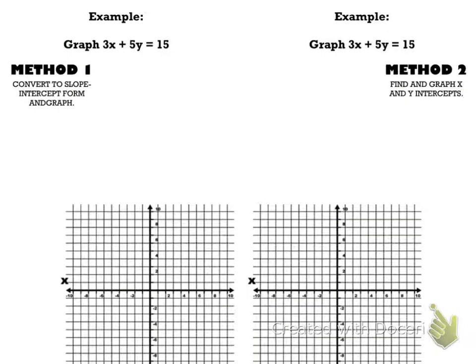Okay, so in the middle, we're going to use the same example, but we're going to start with method number 1. So the first thing that we need to do to rearrange is to subtract the ax value from both sides. And this ax value is 3x. So we're going to subtract 3x from both sides.